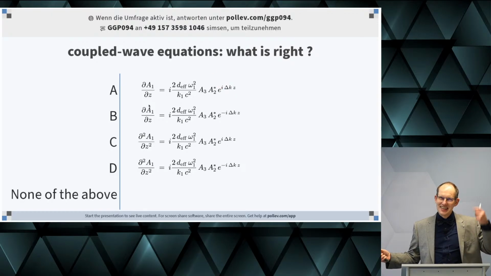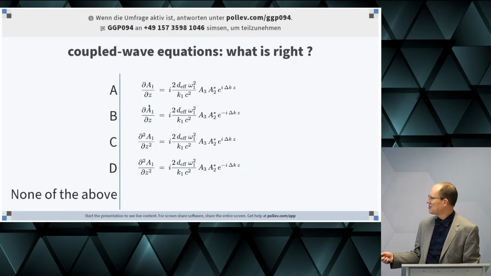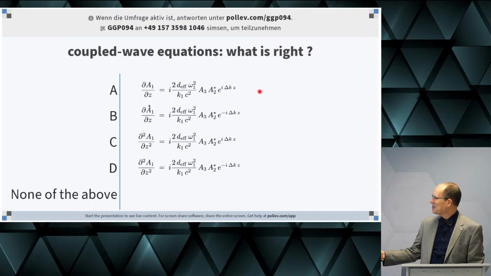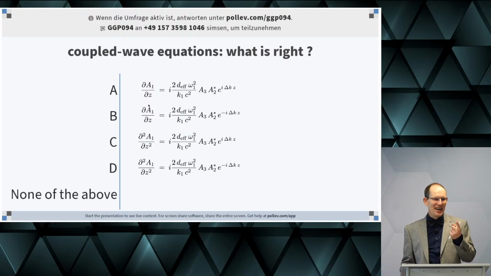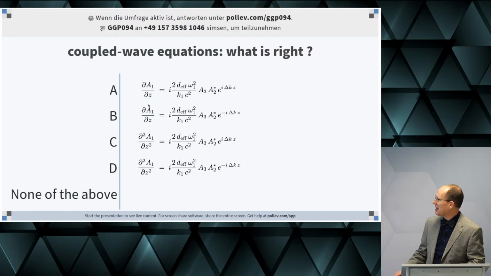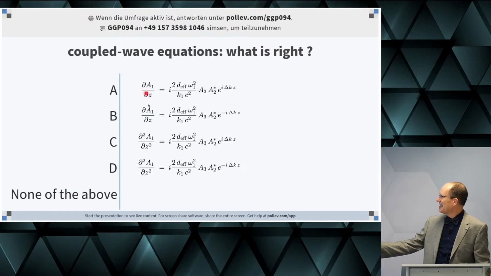I was surprised that so many choose A. But of course, you are cleverer than I thought. I was just surprised, because I still had in mind that I left out the imaginary unit, but I didn't.